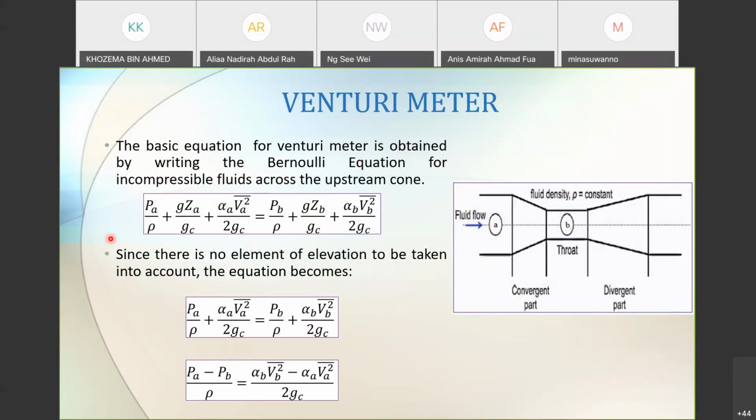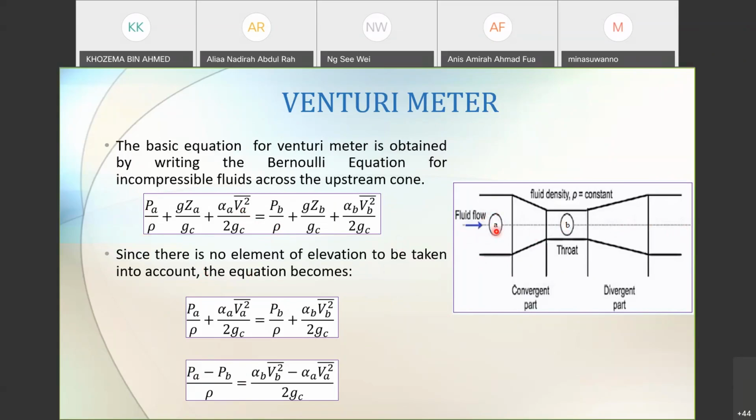If you look at this equation, you might notice that we don't have the work term, because there is no work done in the venturi meter. The only thing happening is that the fluid is flowing from point A in the inlet section to the discharge section. So this is the general Bernoulli equation.